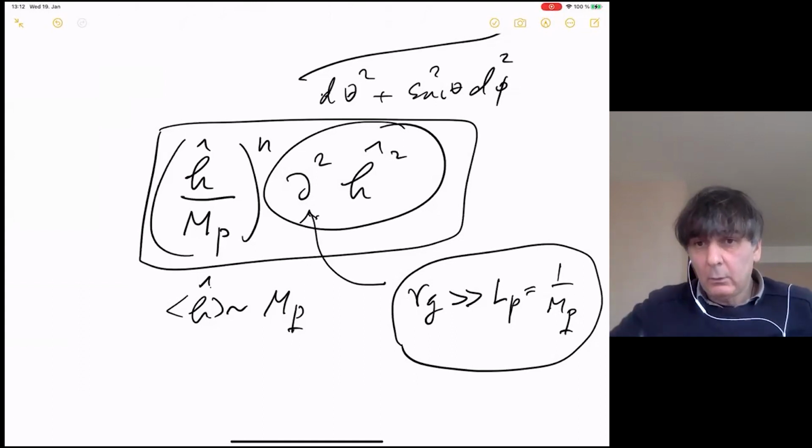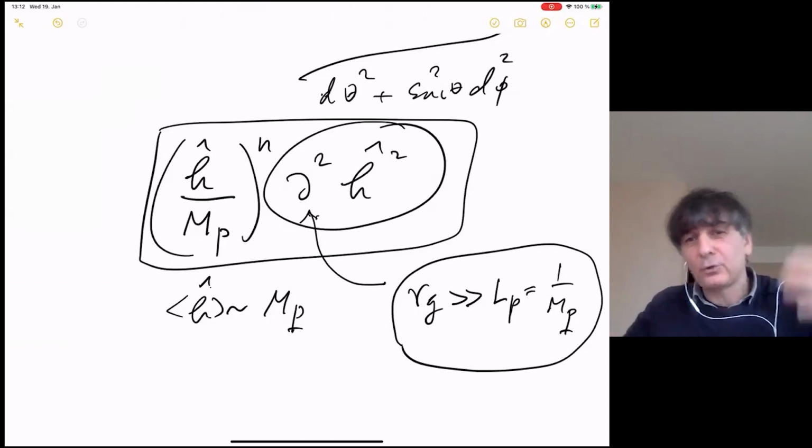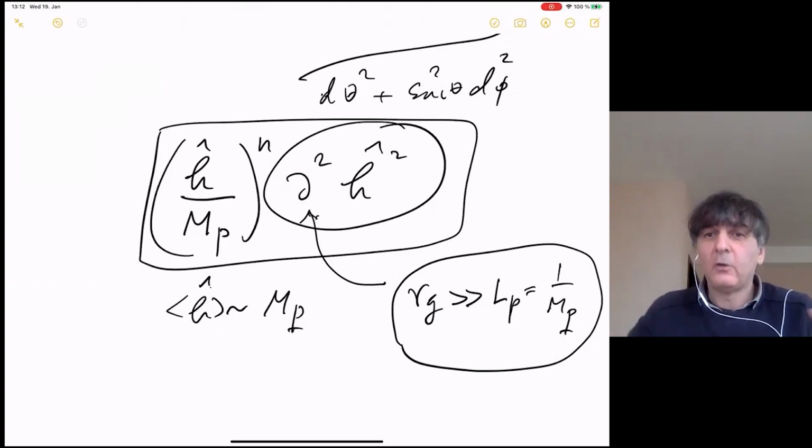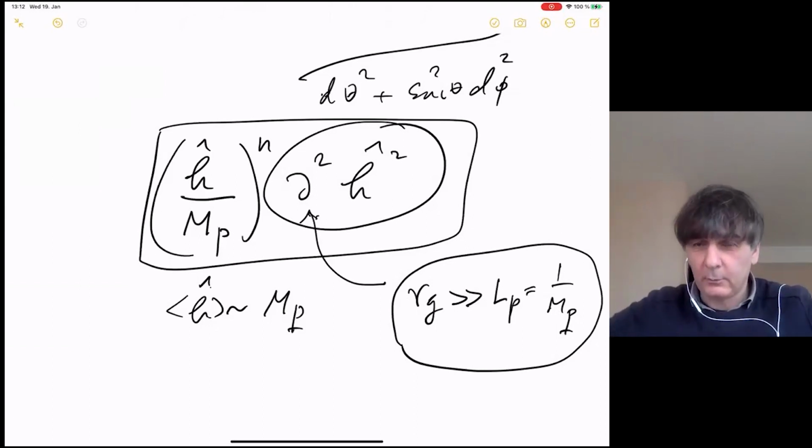For example, right now you can say that all of us are crossing, or are near, the horizon of a black hole the size of our universe.